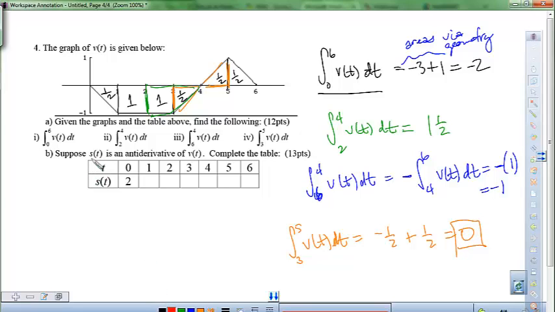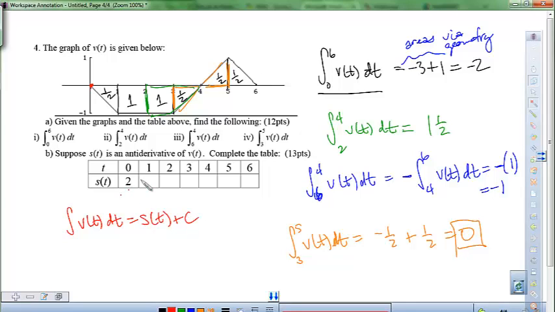Alright, now for part B, it says S is an antiderivative of v, complete the table. In this particular scenario, when t is equal to 0, we're starting off with an antiderivative. Imagine an integral of v of t dt, the indefinite integral is going to be any antiderivative plus a constant.